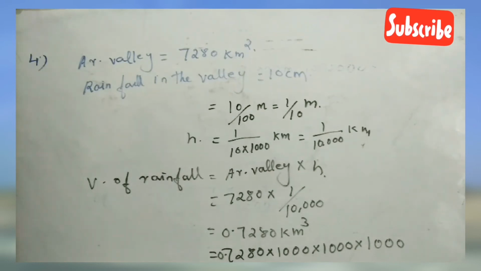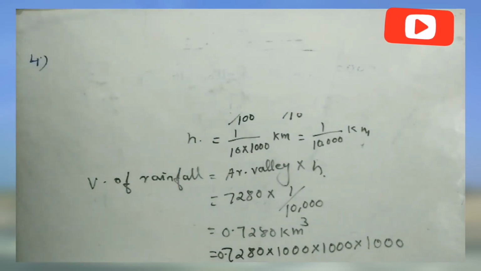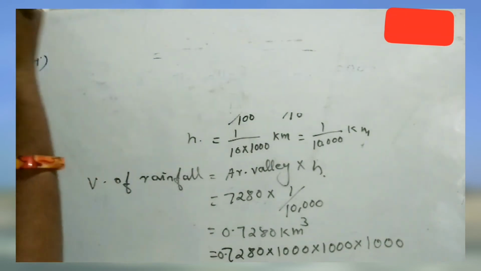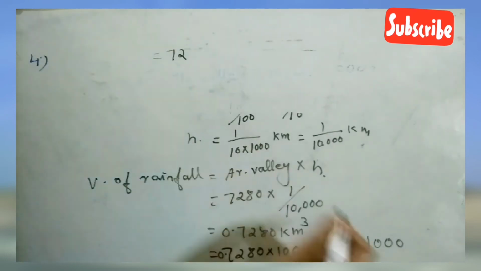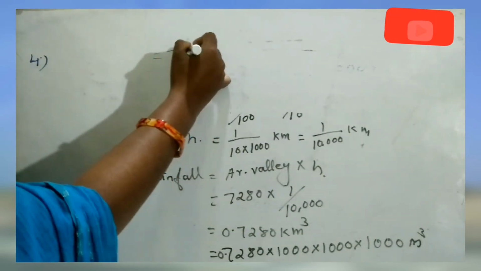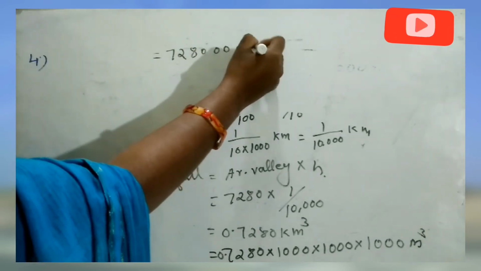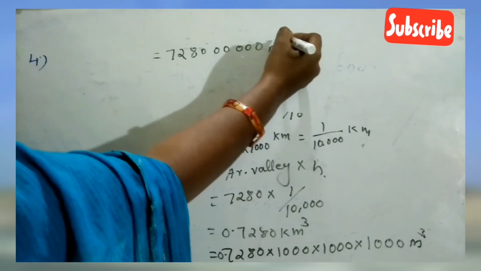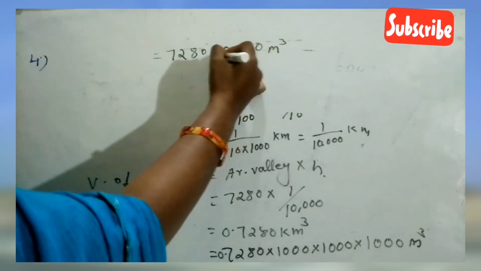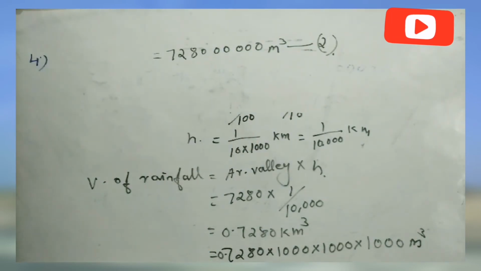Then the volume of rainfall we will get as 7280,000 meter cube. Put it as equation number 2.